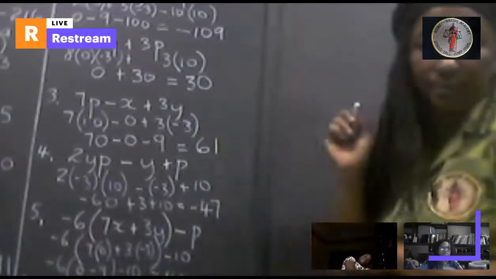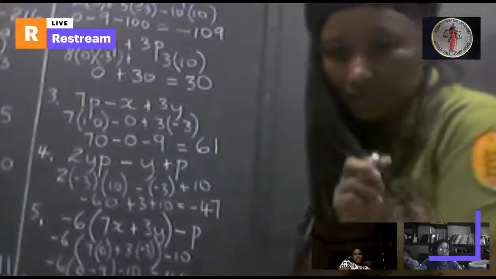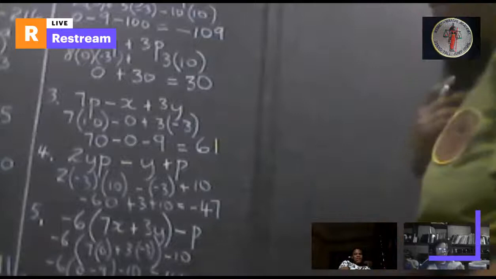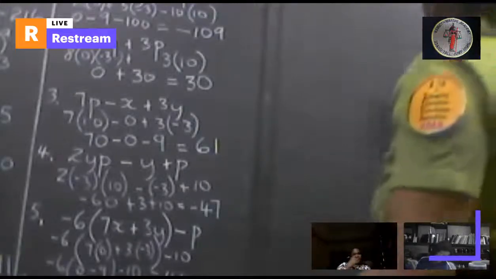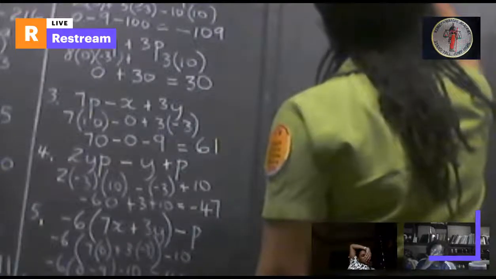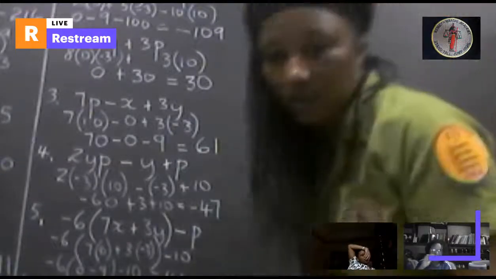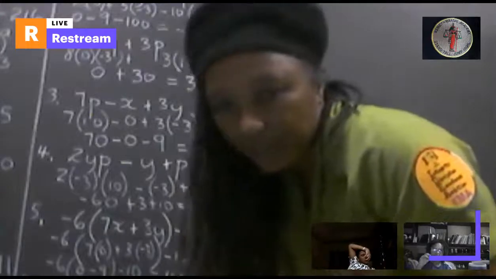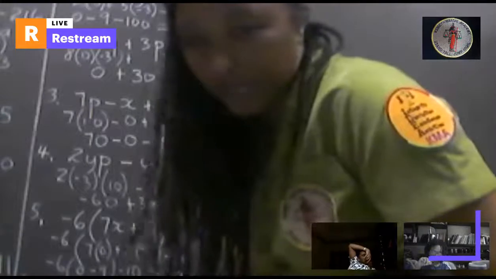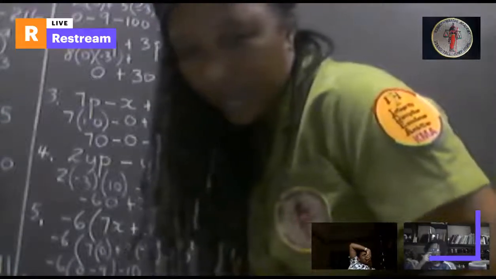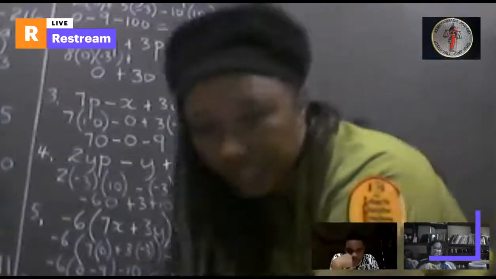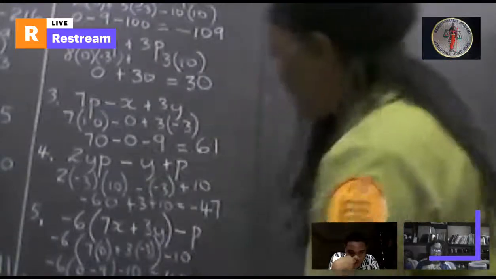Excuse me, miss, someone said in the chat that they didn't understand how they got number 4. How did you get positive 3? In which set? Remember we had 3 sets. Oh, she's saying how did I get positive 3?